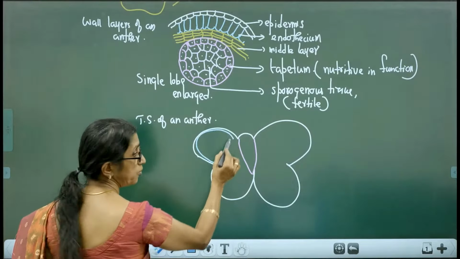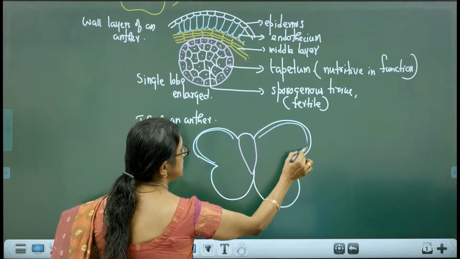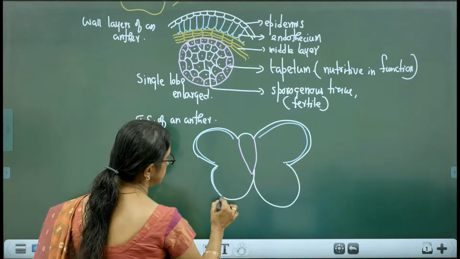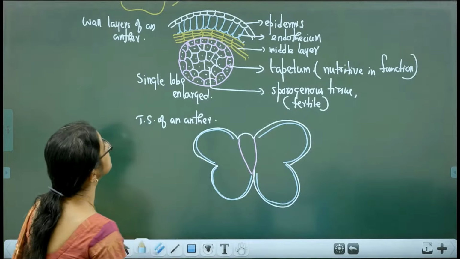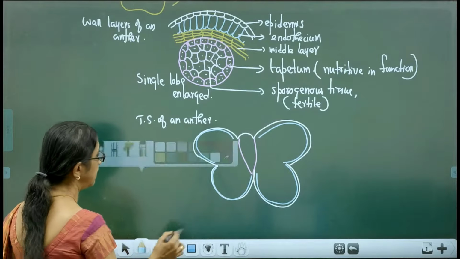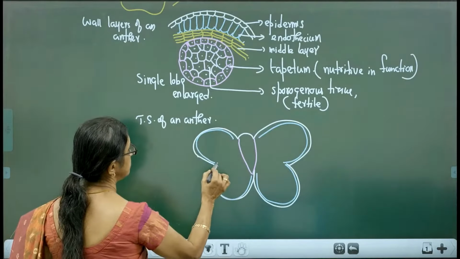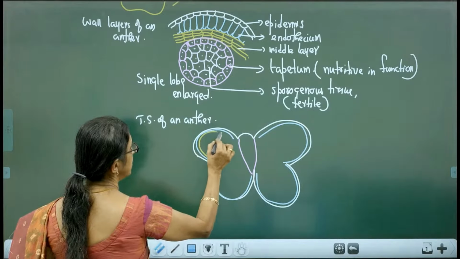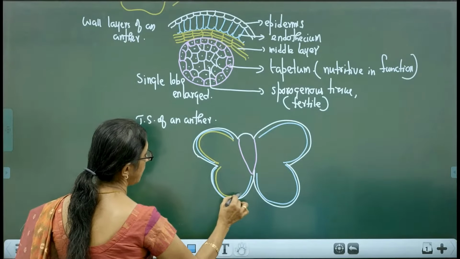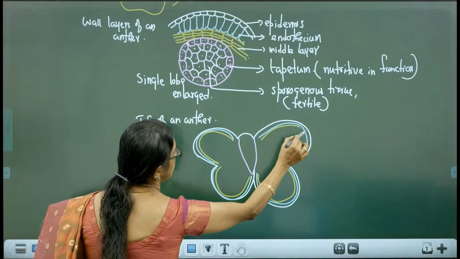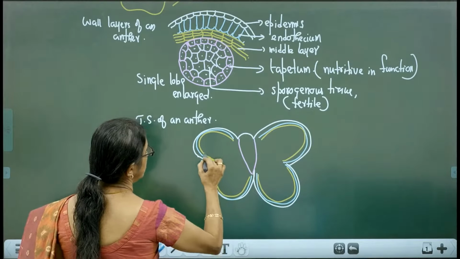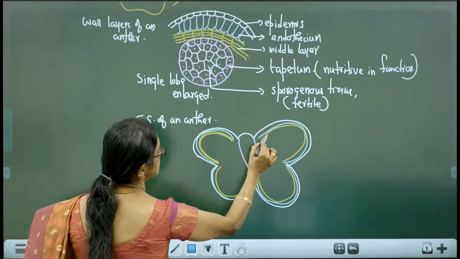Epidermis is followed by endothecium, like this. And then we can see the middle layers starting from here, ending here. Two to three layers are seen like this.